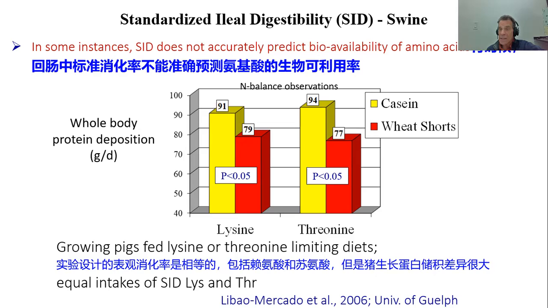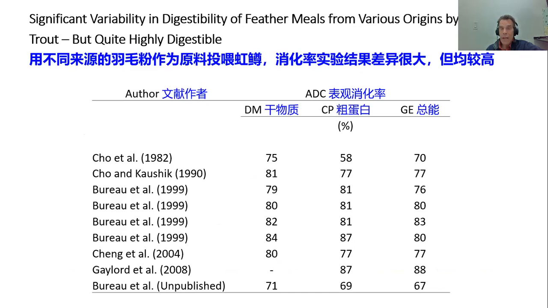In this case, casein, an animal protein, was doing a lot better than wheat shorts, even though the diets were formulated to the same level of digestible amino acid, indicating that apparent digestibility may not be a good predictor of bioavailability of amino acids. You have to be careful about that. You can formulate on the same digestible amino acid basis with the best information, but that digestibility may not translate into a good measure of bioavailability. So you have to be careful about that.